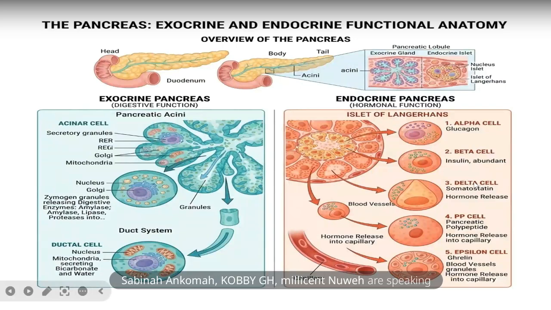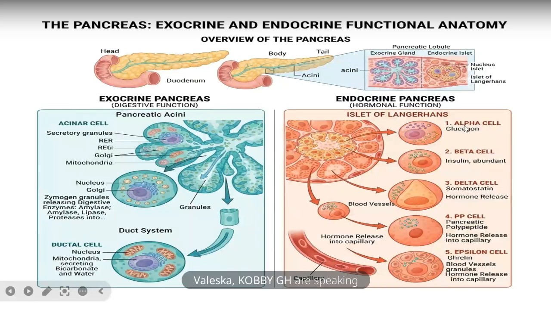By the PP cells? Pancreatic polypeptide, or peptide hormone. By the epsilon cells? Ghrelin. Let's say this together.